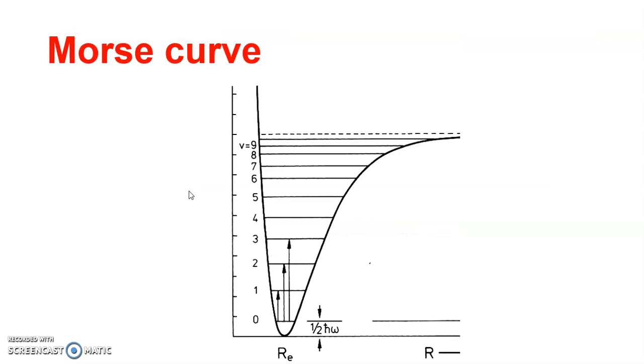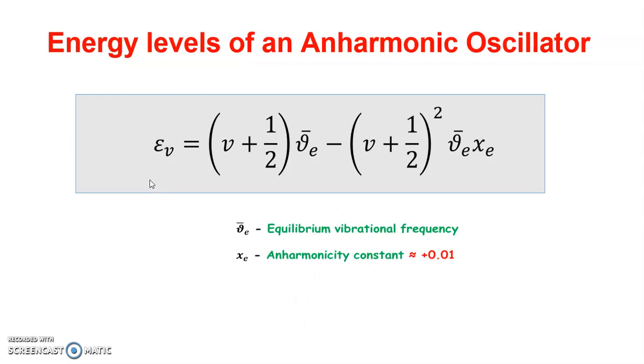Thus, this equation can give the energy levels of an anharmonic oscillator, and the energy level transitions will lead to the spectra of real molecules.